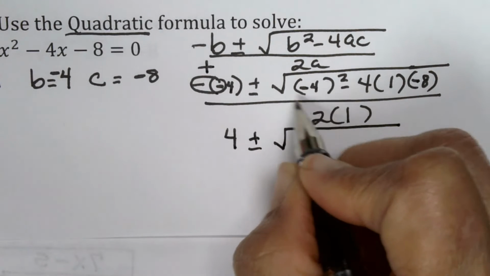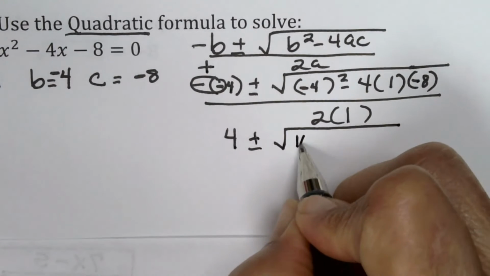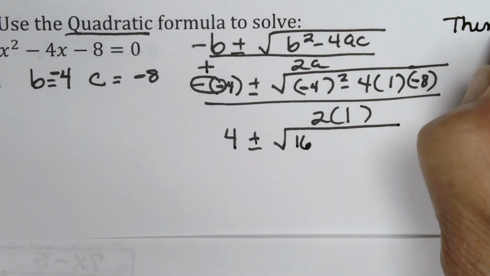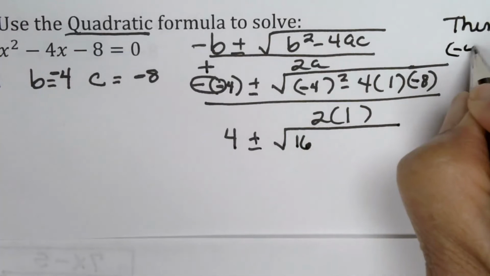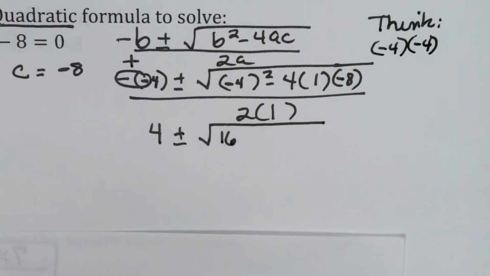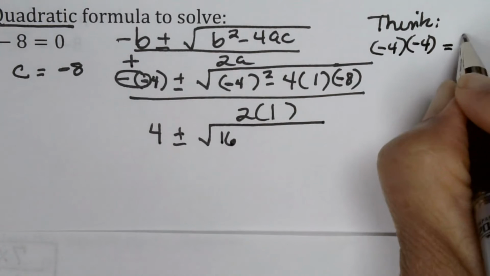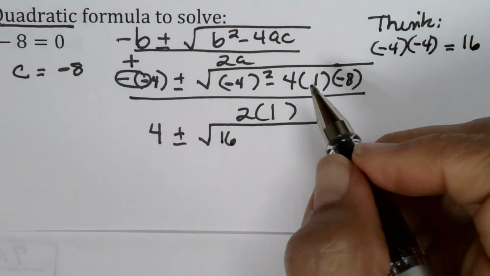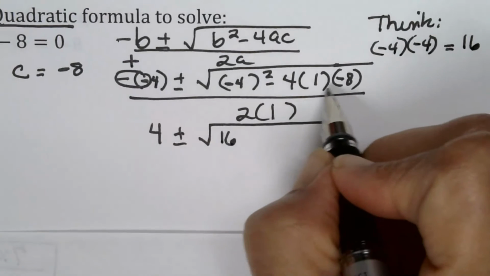-4, the quantity of -4 squared gives us a +16. And if you need to think about that off to the side, -4 times -4, negative times a negative makes that positive. That's why this is a +16. Okay. Then we have -4 times 1 times -8.